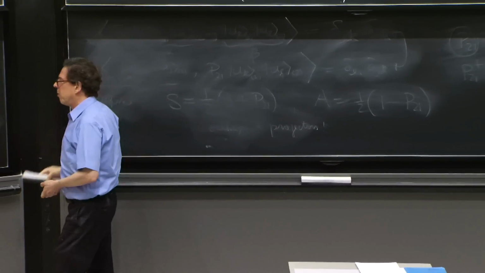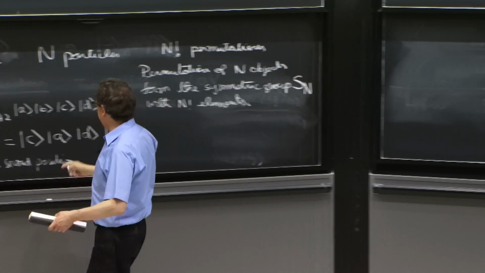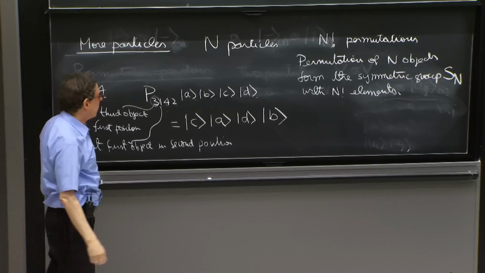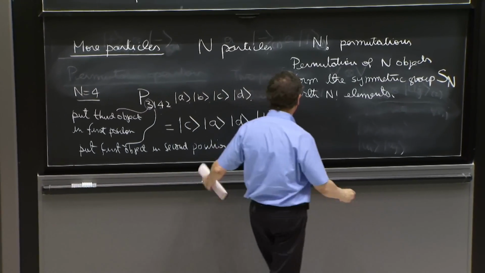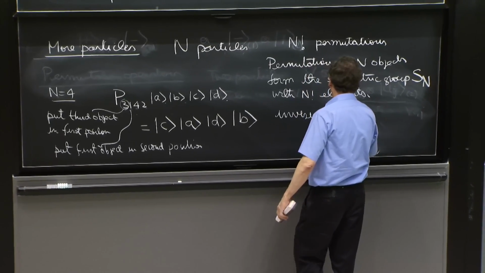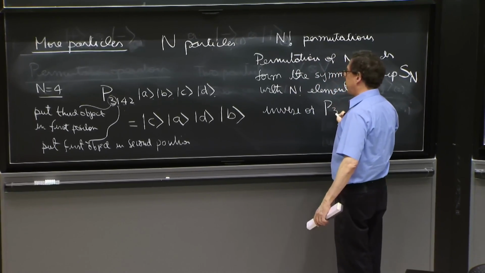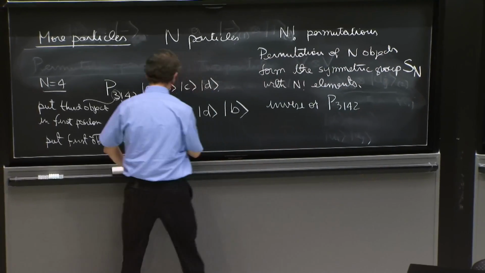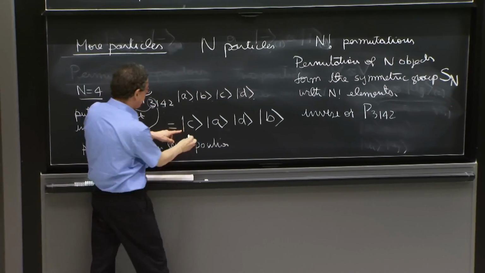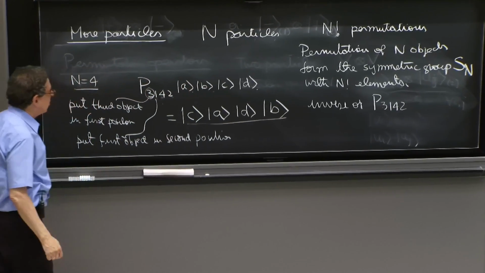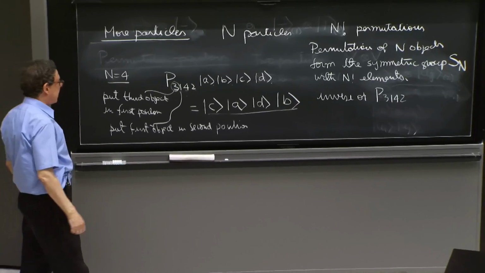So for example, what would be the inverse of this permutation? I would try to figure out what is the inverse of P3142. So I look at this thing and I think of what is the instruction that I must put in order to rearrange back this series.